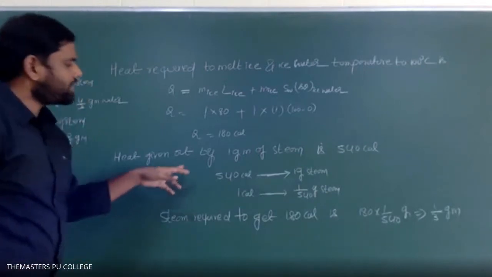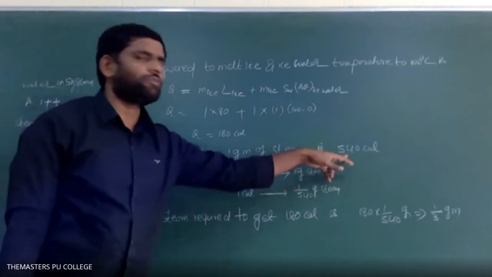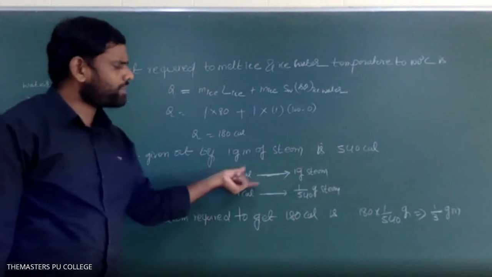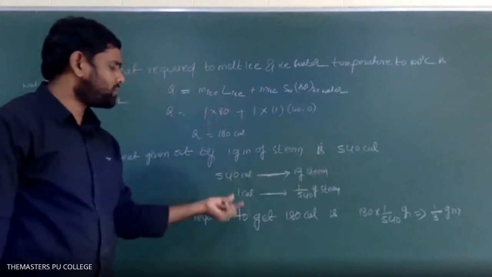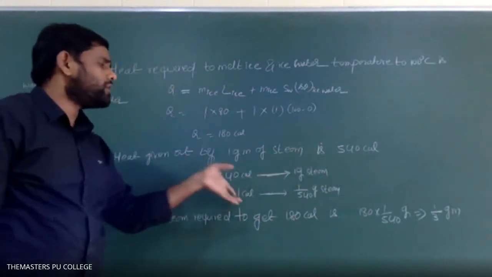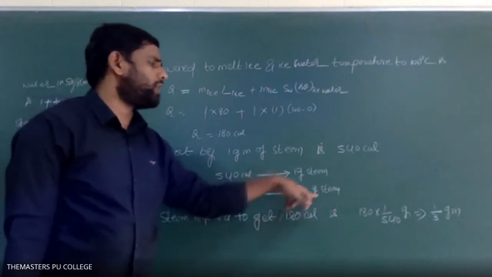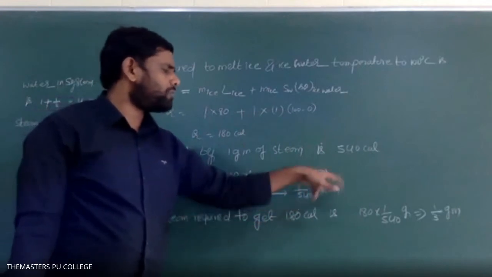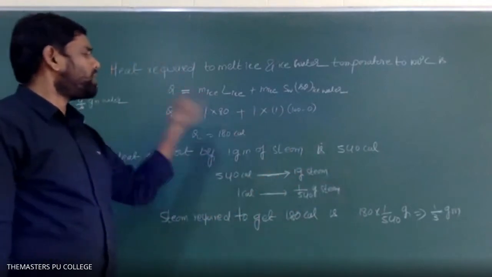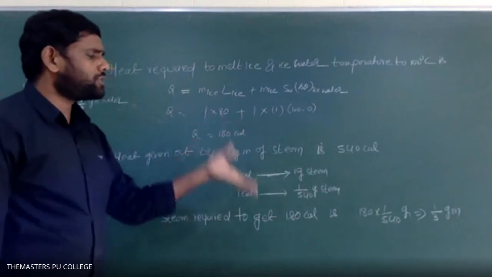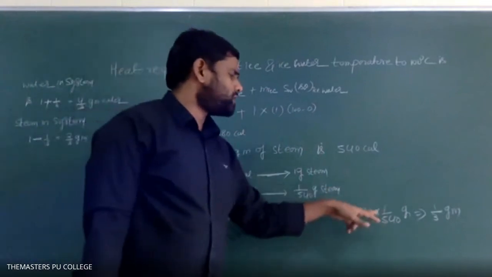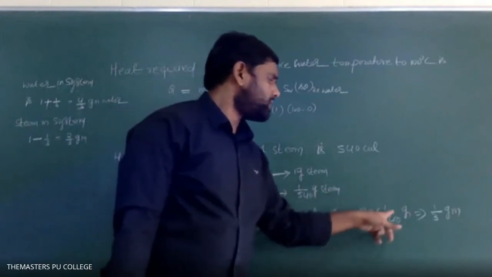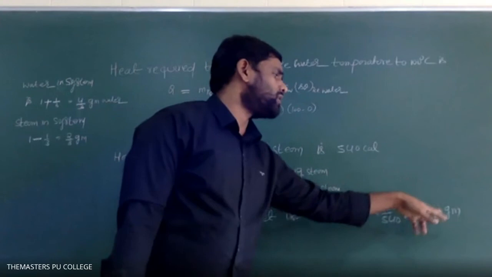So, heat given out by 1 gram of steam is 540 calorie. Hence, to get 1 calorie, 1 by 540 gram of steam is required. So to get 180 calorie of heat, the steam required is 180 times 1 by 540, which gives 1 by 3.